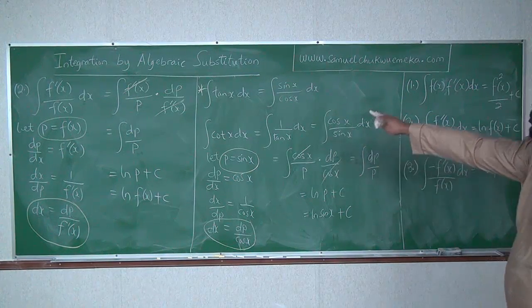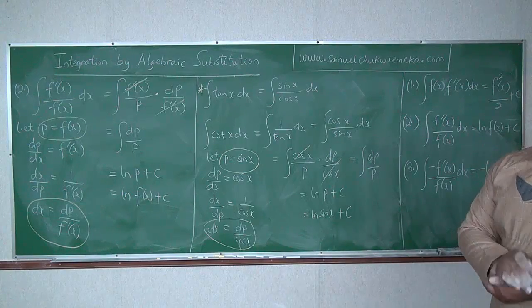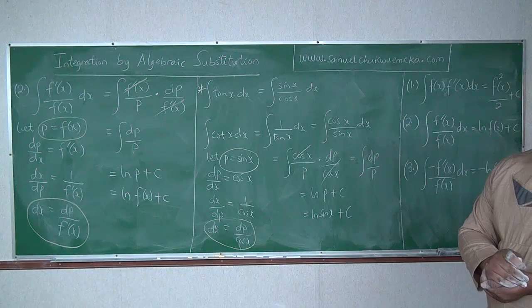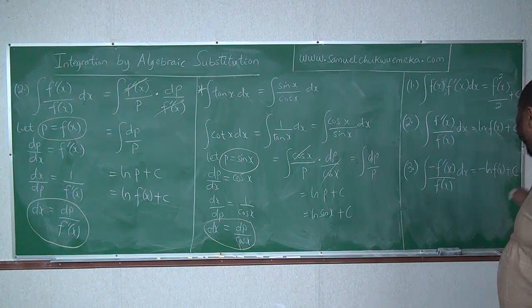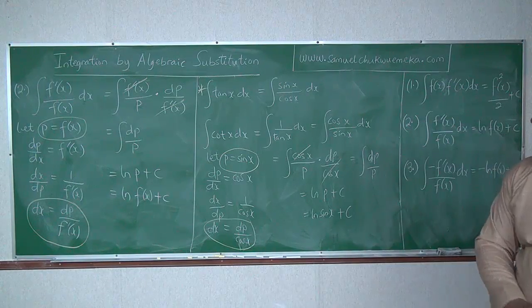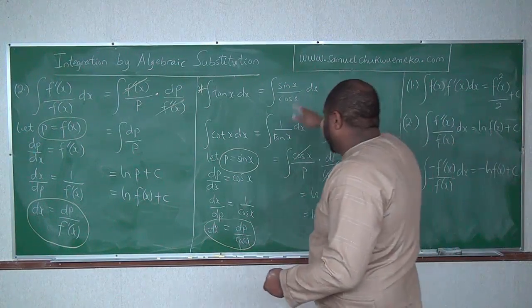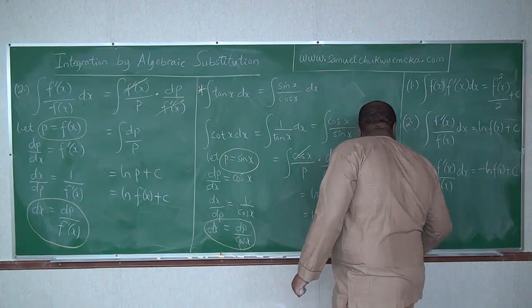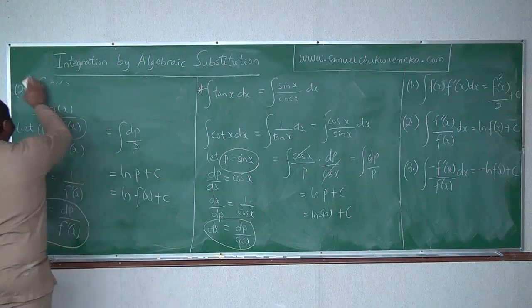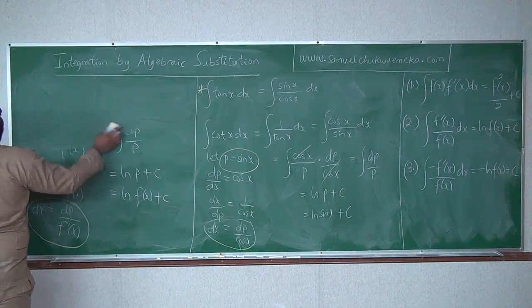So this will just be negative ln cos x plus c. Now let's do it when you have something like this. So I'm going to erase this. Let's do that tan x.